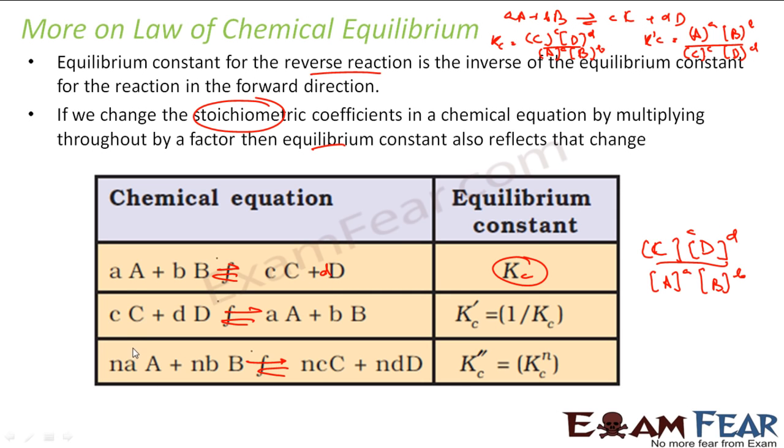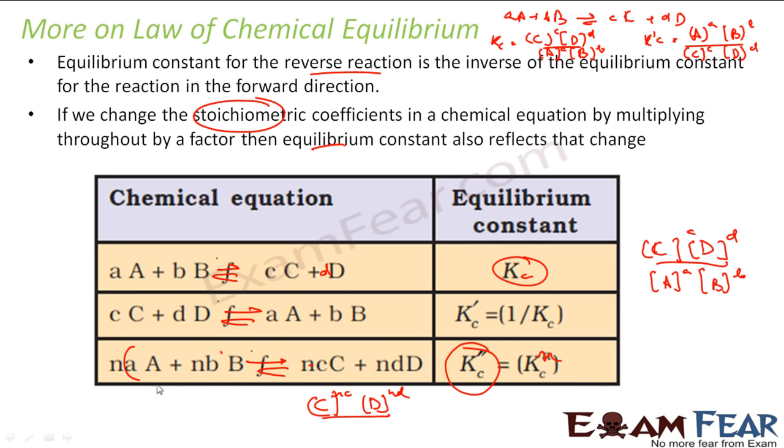Also, if you see, in this case I have multiplied by n, in the forward reaction and also in the backward reaction. So my K dash c becomes Kc to the power n. Why? Logically also, if you see, it will now be C to the power nc and D to the power nd.